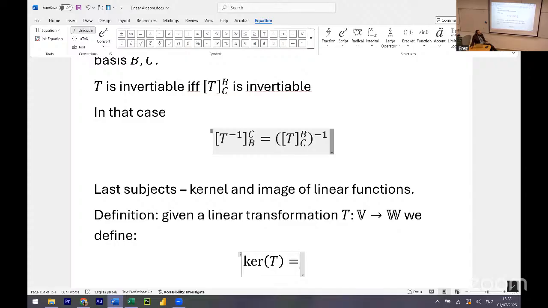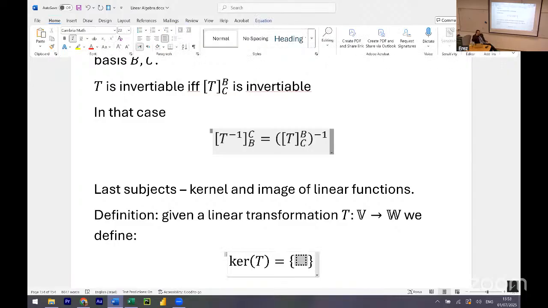I think it's a bit confusing as to why it's called the core, but it is the core in some sense. So the kernel of T are all the vectors from the domain such that they are sent to 0.